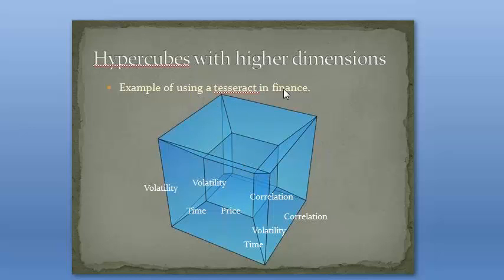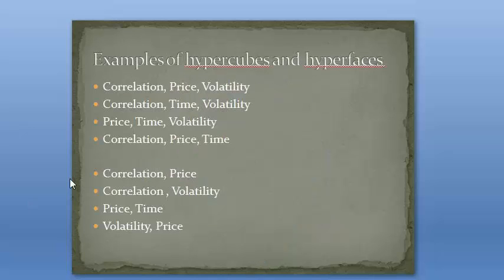But again, you can make it much more complicated. You have 5, 6, 7 dimensions, but it's hard to graph that or show that. It's hard to visualize it. Now, the idea here with hypercubes and hyperfaces is that with hypercubes you can have different permutations of the variables that you're looking at.